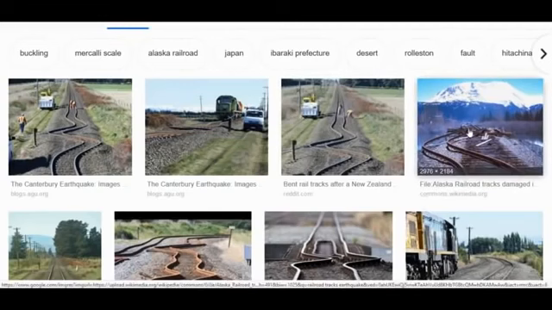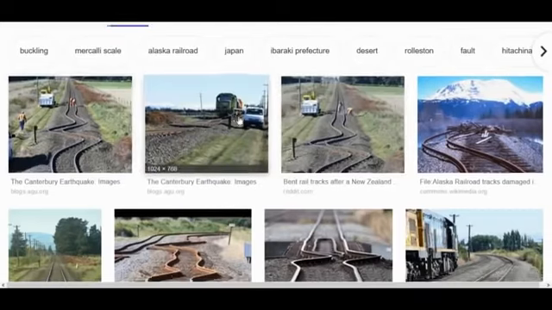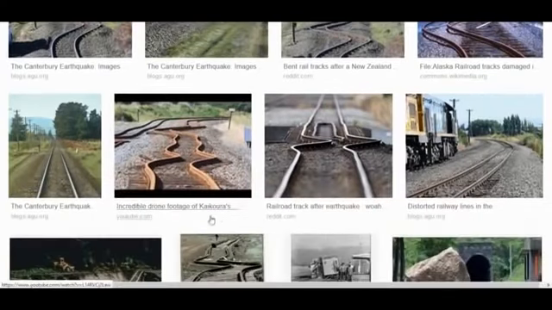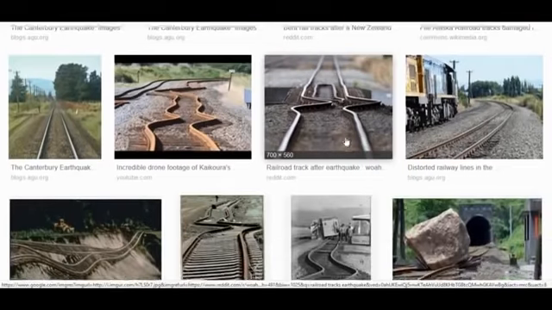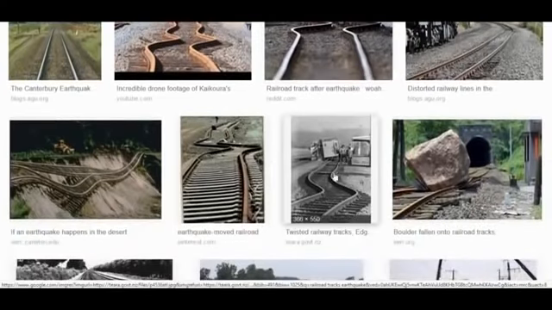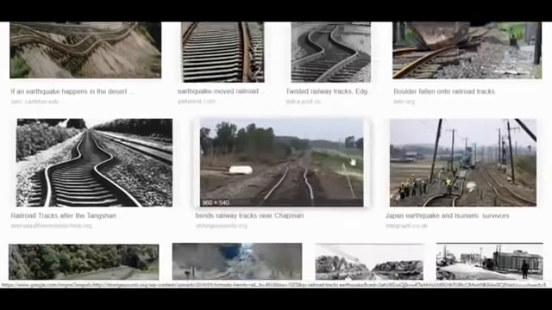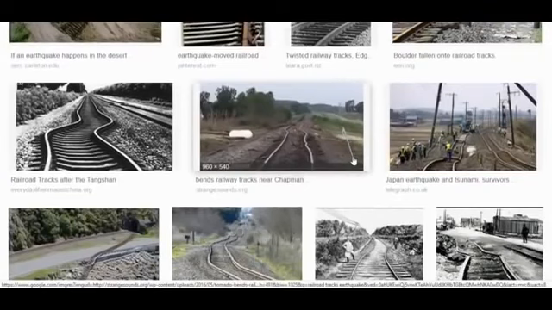And this is an Alaska earthquake, New Zealand, I can't pronounce that, but so you have all of these interesting things that happen during earthquakes, and this is one of them. With these tracks, they get bent and reshaped.